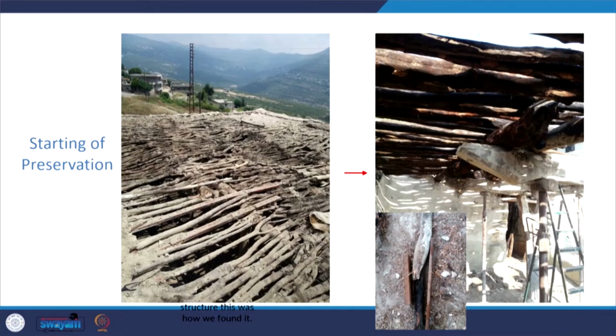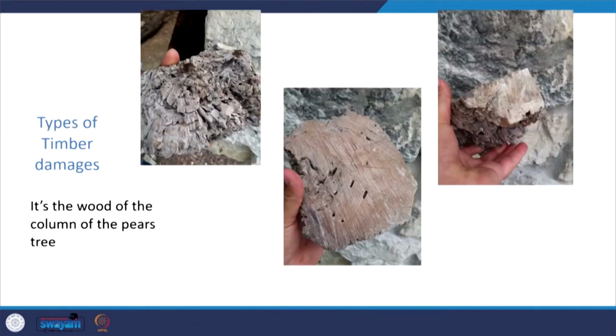So this was the situation with the damaged trunks, once the soil had been taken out on top, and this was the condition of the roof. And later on, the kind of timber they had used, it was all made from pear tree, and it has completely deteriorated. It's not useful.